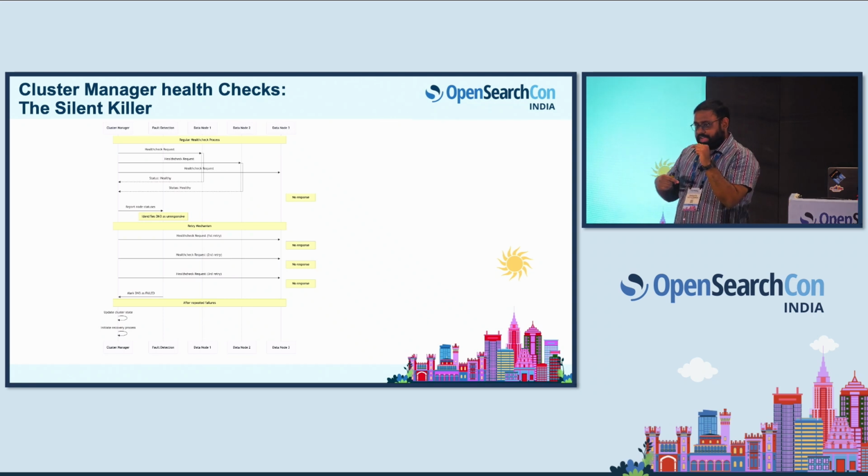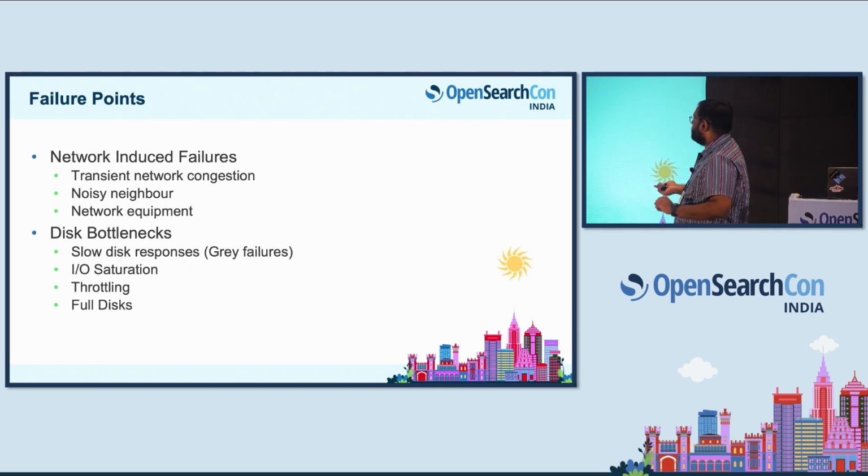If at any point it fails n times, where n is 3, so n number of retries where it doesn't get a successful response, the cluster manager kicks that node out of the cluster, saying that whatever has happened with this node, I don't want it to serve requests because it's not in a sane state. Cluster manager health checks can end up causing a lot of trouble when we are not sure why that happened in the first place.